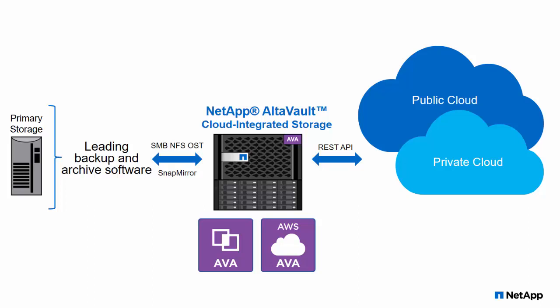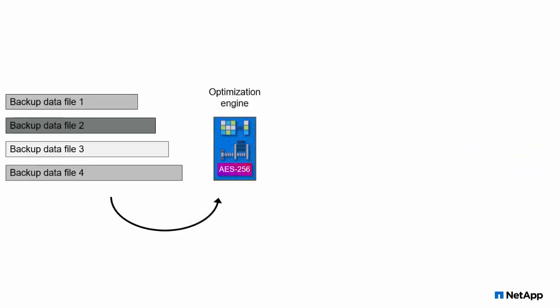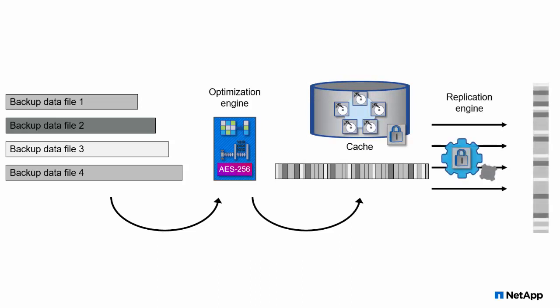The data is then optimized by applying a variable length inline deduplication, compression, and AES 256-bit encryption before it is saved to the local AltaVault cache for quick restore and replicated to the cloud using your internet link for long-term data protection and disaster recovery.